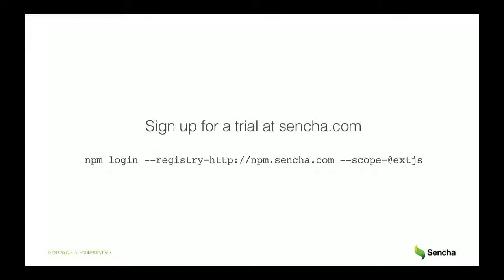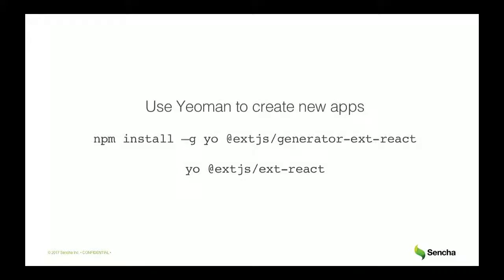So once you get that trial activation email, use that with an npm login command. And what that basically does is tells npm whenever you download something in the @extjs scope, download it from Sencha's registry instead of npmjs.org. So if you're an ExtReact customer, then you can use Yeoman to create a new app if you don't have an app that you're already looking to add ExtReact to.